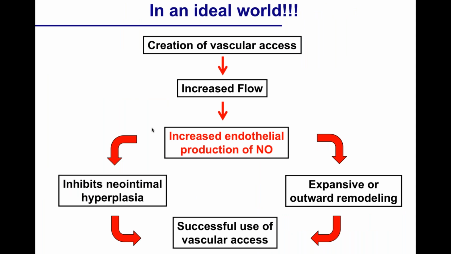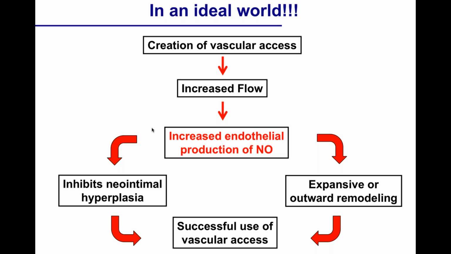So with that sort of brief background or overview of dialysis access dysfunction, I'm going to try and take you through what happens when you create a vascular access. So when you create a vascular access, be it a fistula or a graft, you initially have increased flow.